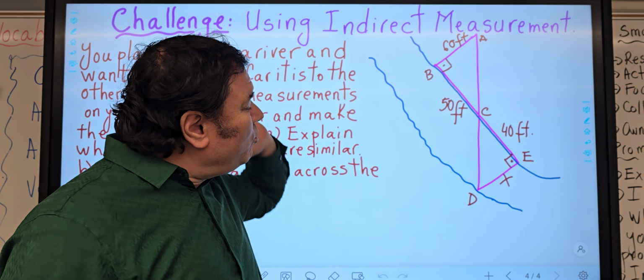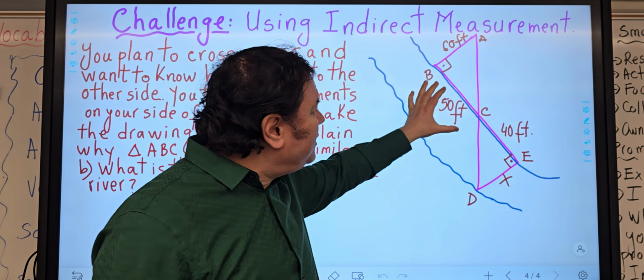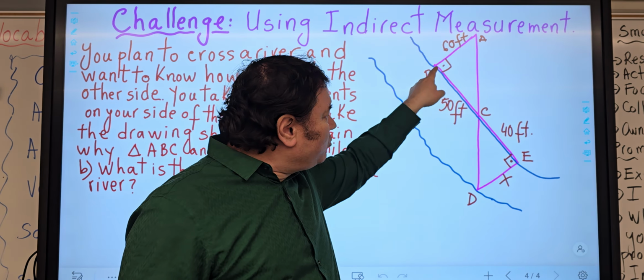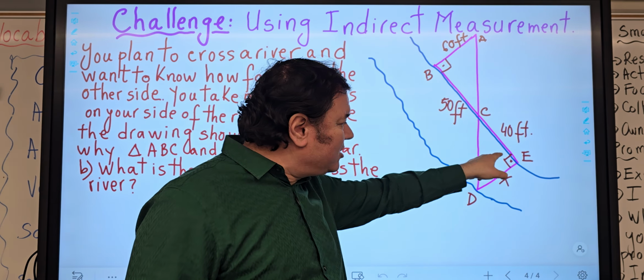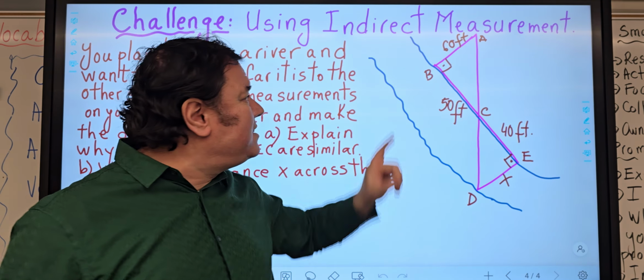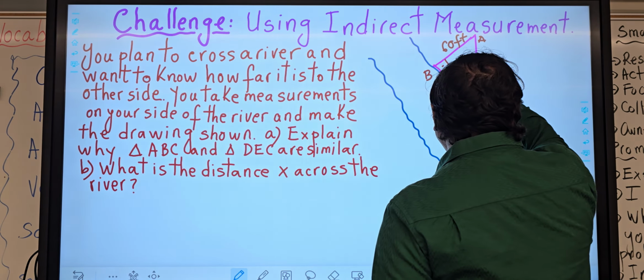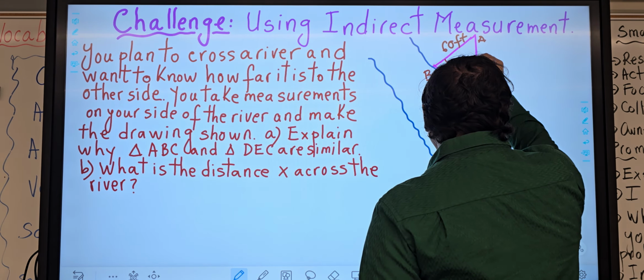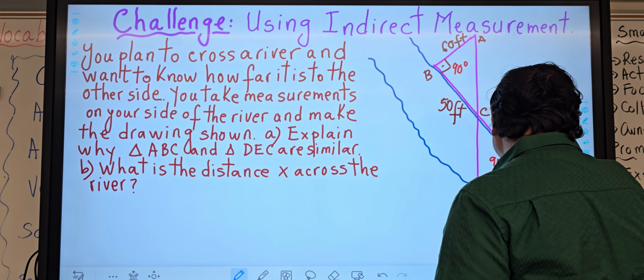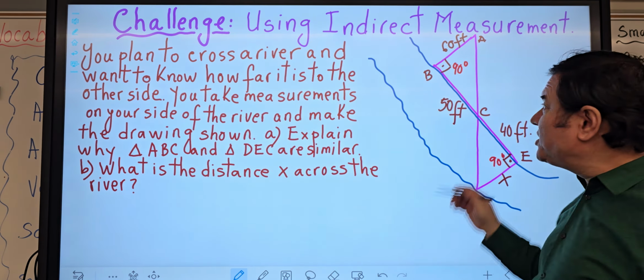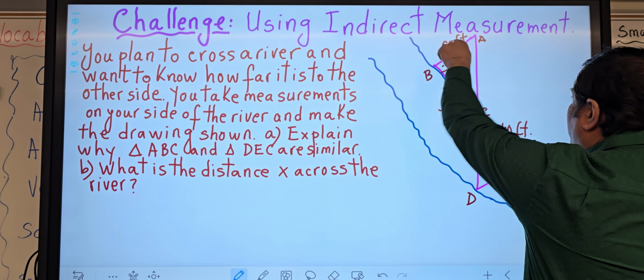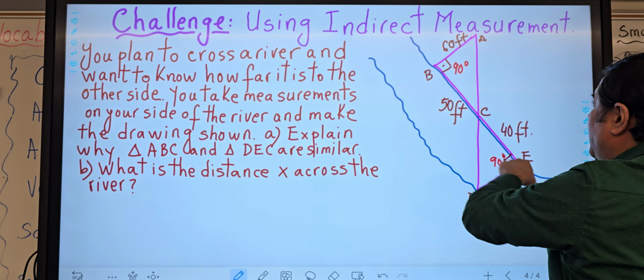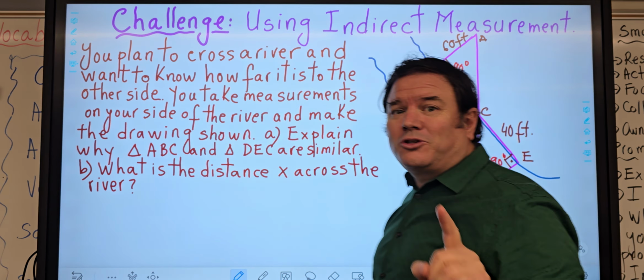Now, when you are conducting some measurements, since we have that square there and the square there, we can conclude that these angles are both 90-degree angles. So at least both of these triangles, triangle ABC and CDE, have one angle the same so far.